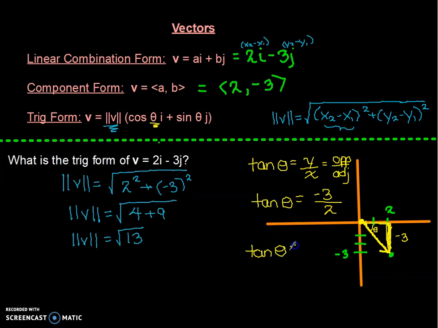And you need to get theta by itself. So that means you need to get rid of the tangent. The way to get rid of tangent is to apply inverse tan. Whatever you do to one side, you do to the other. So if I inverse tan negative 1.5, I am going to get negative 56.31 degrees.